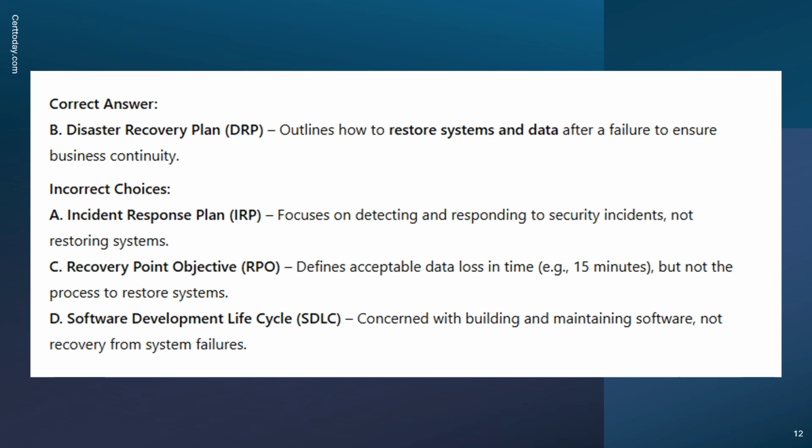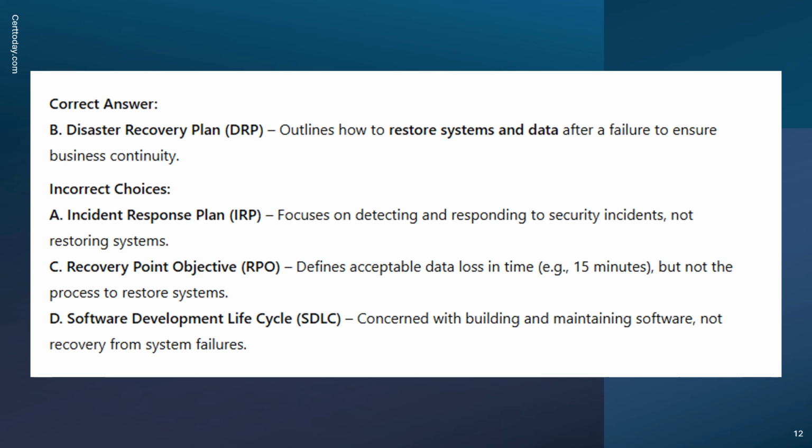A is incorrect because Incident Response Plan, or IRP, focuses on detecting and responding to security incidents, not restoring systems. C is incorrect because the recovery point objective, or RPO, defines acceptable data loss in time. For example, 15 minutes of data loss, but not the process to restore systems.